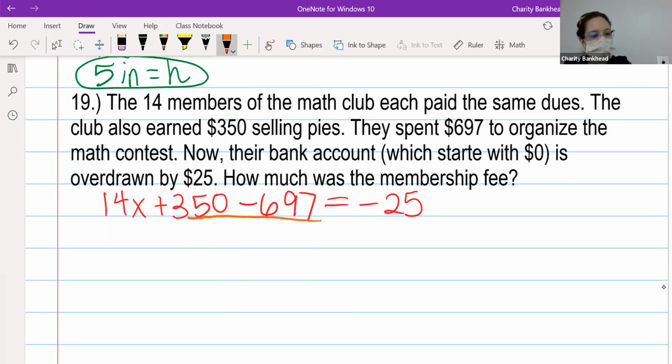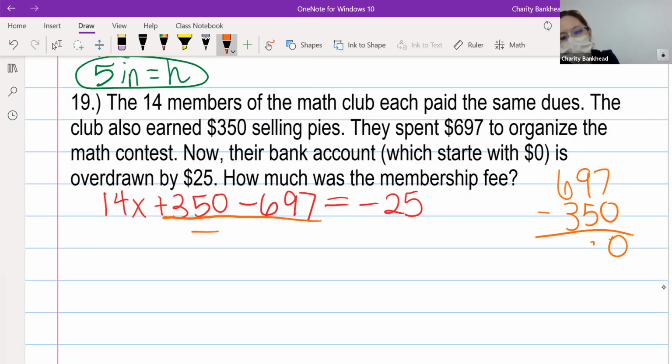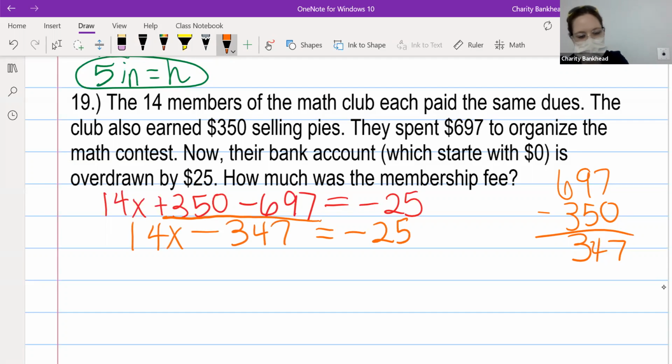So 350 minus 697, that's going to be negative, but to figure out how negative it is, we're going to just subtract 697 minus 350. That gives me 347. So 14x minus 347 equals negative 25.